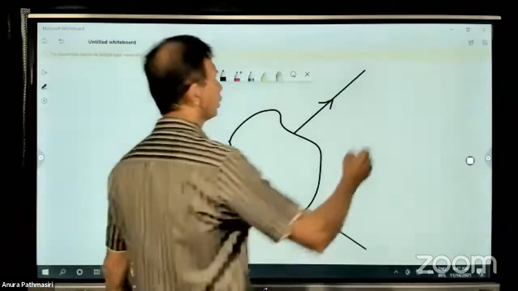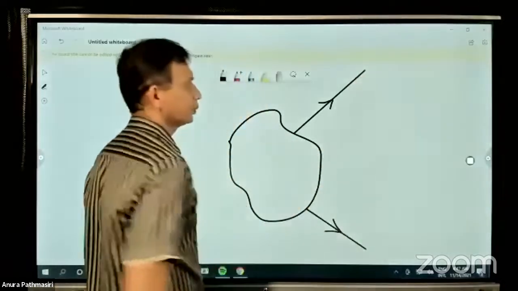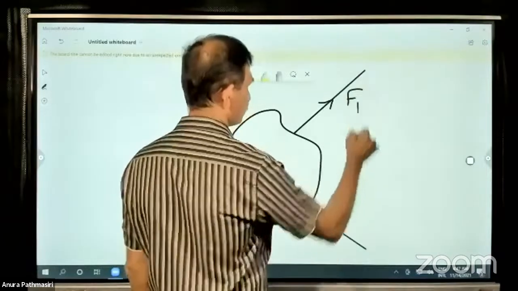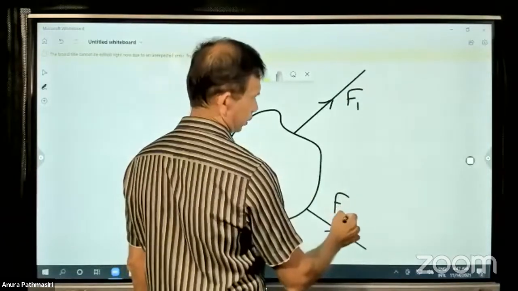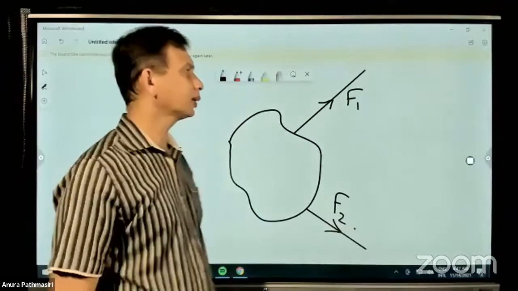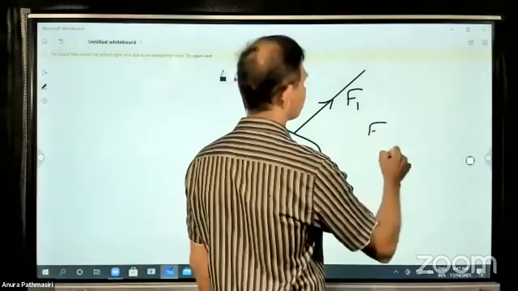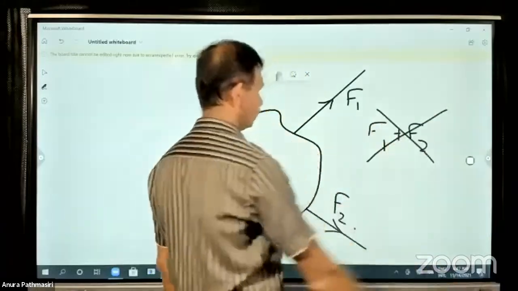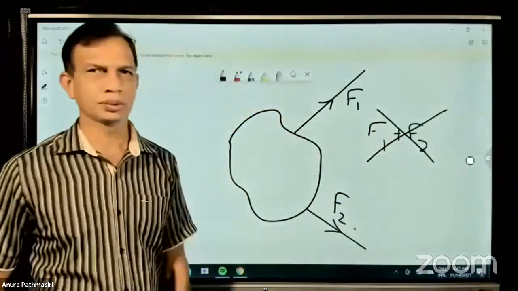And what is the resultant of these two forces, F1, F2? The resultant is not F1 plus F2.